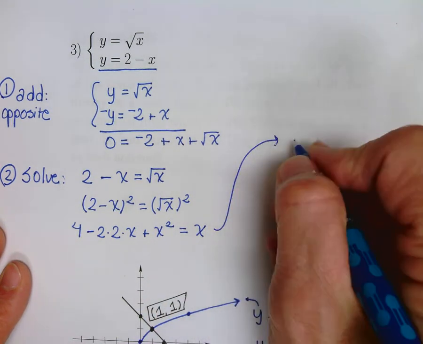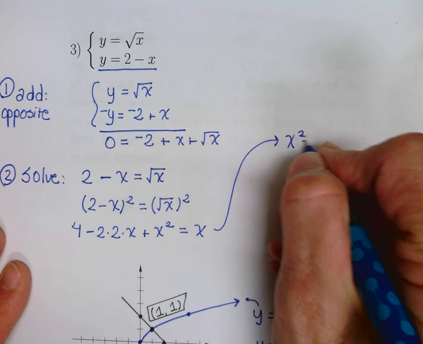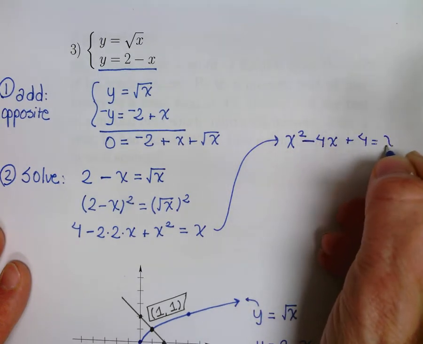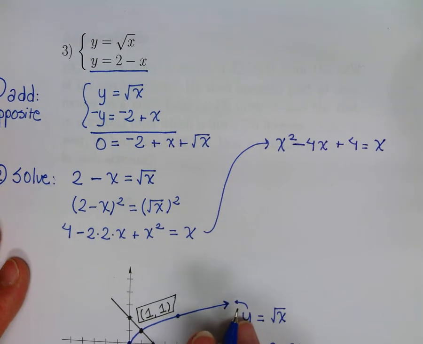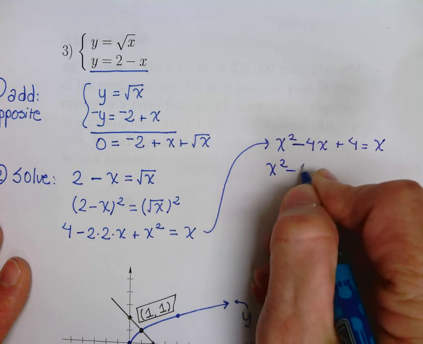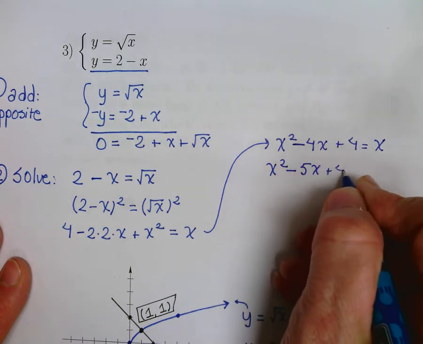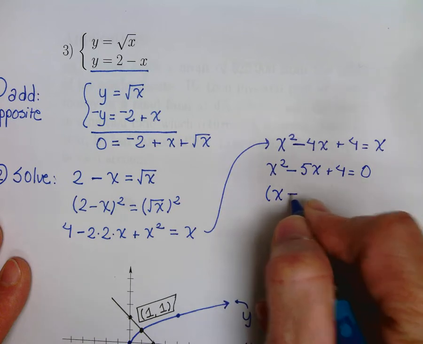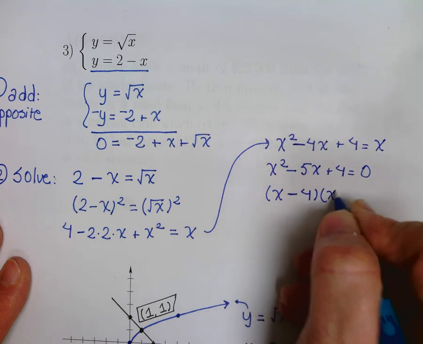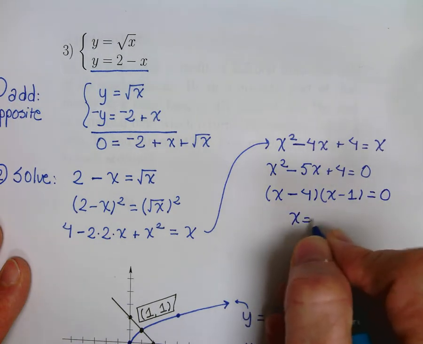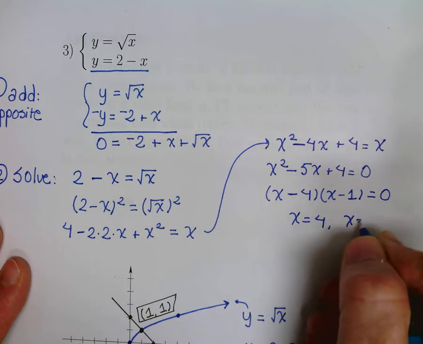So I have x squared minus 4x plus 4 equals x, and again I get 0 on one side of the equation. Subtract x, and I get x minus 4, x minus 1 equals 0, x equals 4, or x equals 1.